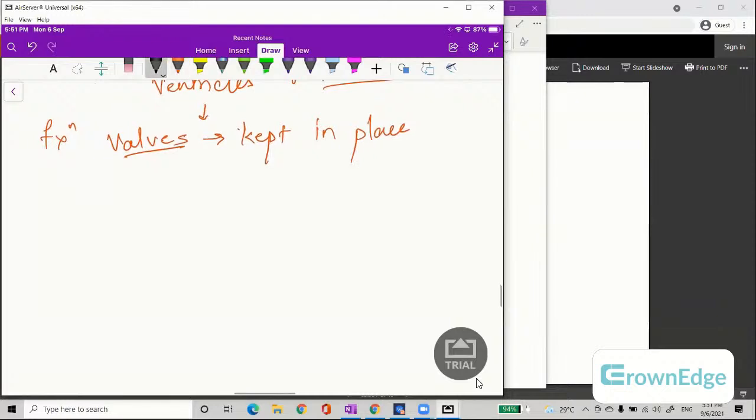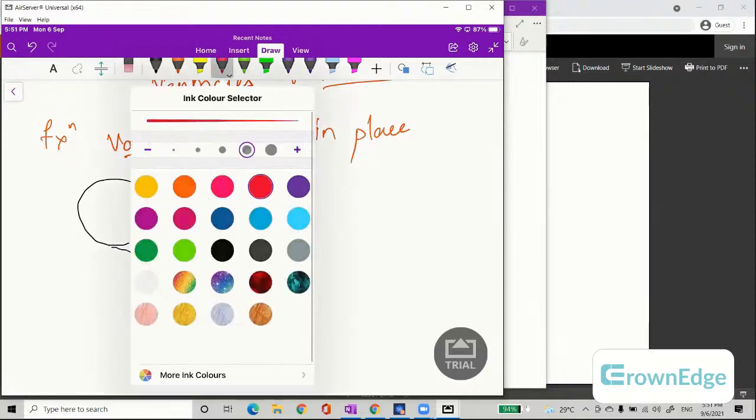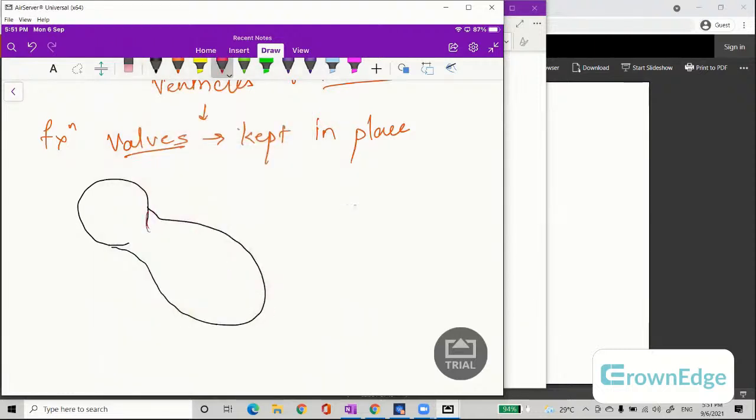If I draw a valve like this, suppose this is the atria and over here is your ventricle, I'll draw the valve in red color. This is the valve, and it is opening and closing, but it should not go into the atria like this.